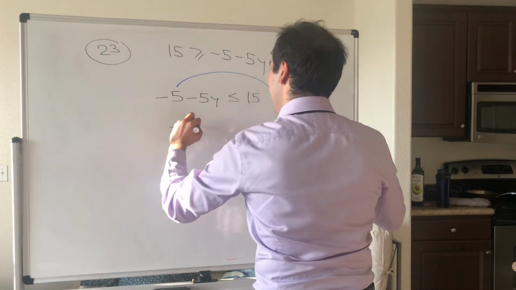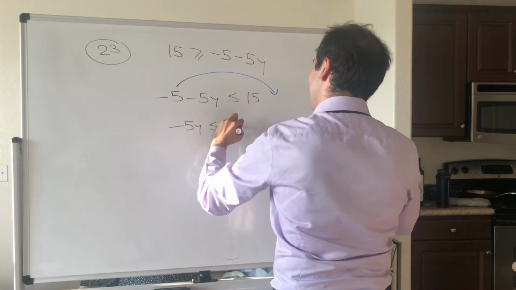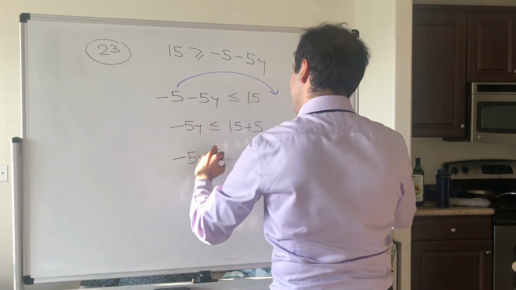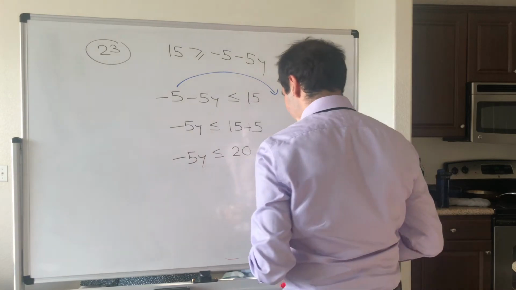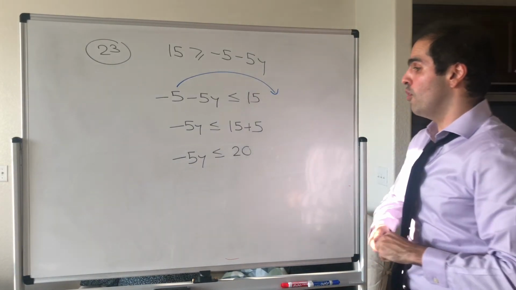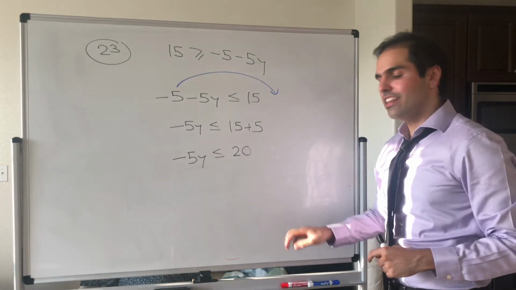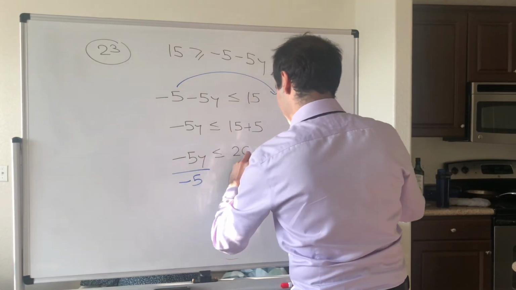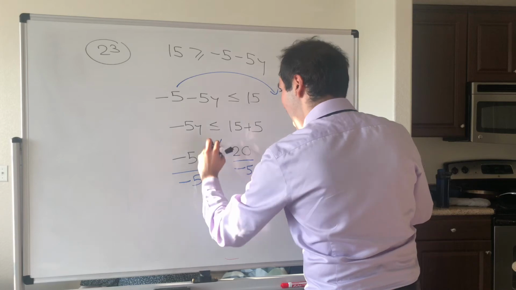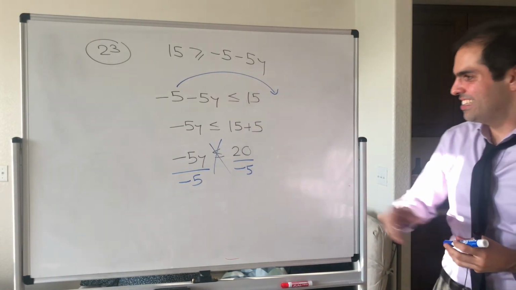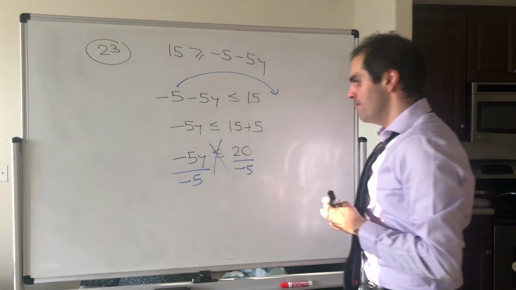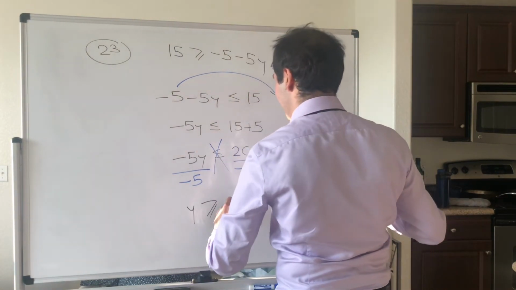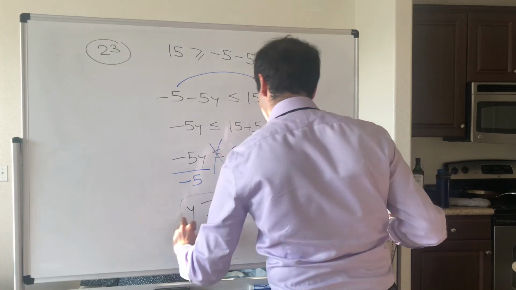So minus 5y is less than or equal to 15 plus 5, so minus 5y is less than or equal to 20. And now be super careful. Now you're dividing by a negative number, minus 5, which means you have to change the sign. So you're left with y is greater than or equal to minus 4.